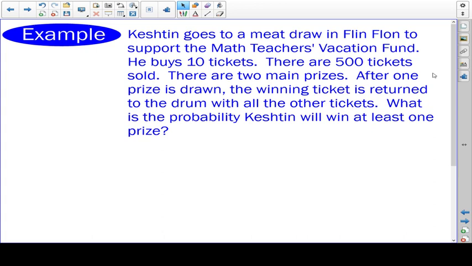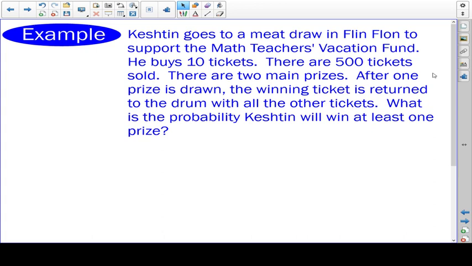Now we can run through the different possibilities. He wins both prizes. He wins the first prize. He wins the second prize, and we can add those all up together. That's 3 separate calculations and then adding them together. And there's nothing wrong with doing that.